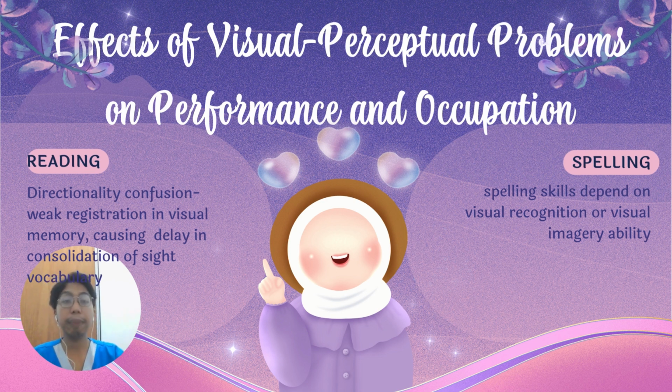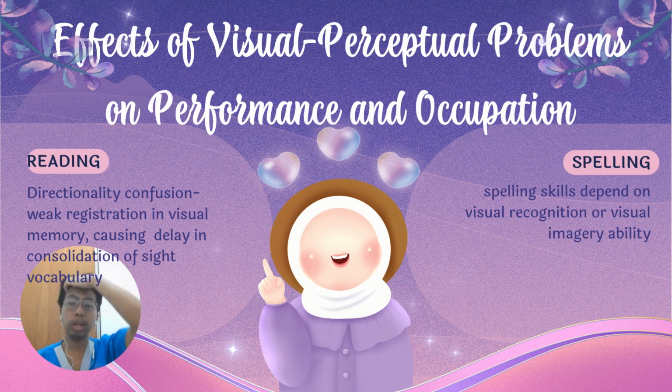And then next is spelling. Spelling skills depend on visual recognition or visual imagery ability. Although here's the thing, in the research some people say there is no relationship between visual perceptual problems and spelling, but they also suggest that spelling skills depend on visual recognition or visual imagery ability.